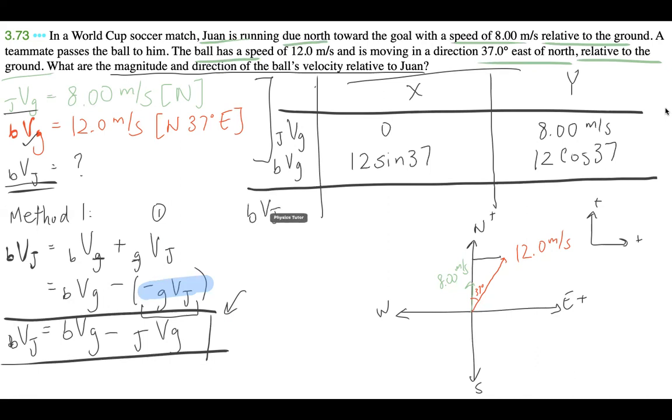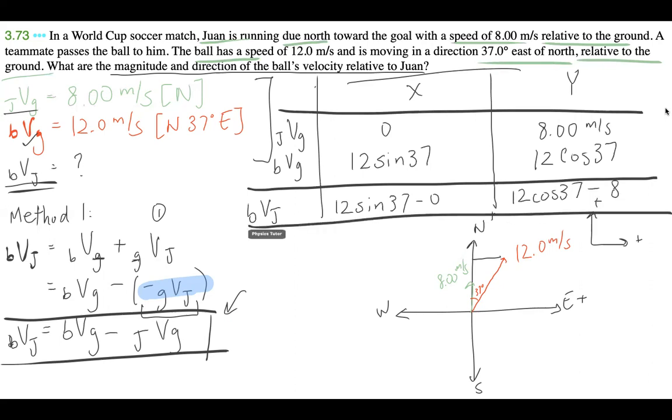In the x component, that's just going to be BVG minus JVG, so that's 12 sine 37 minus 0. And this is going to be 12 cos 37 minus 8. Okay, so then we have our x component and our y component.